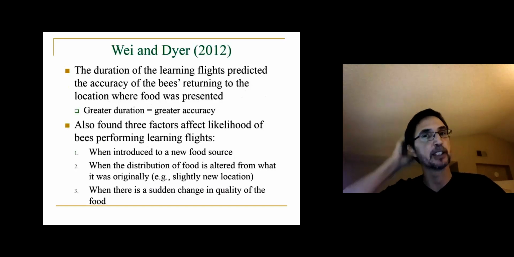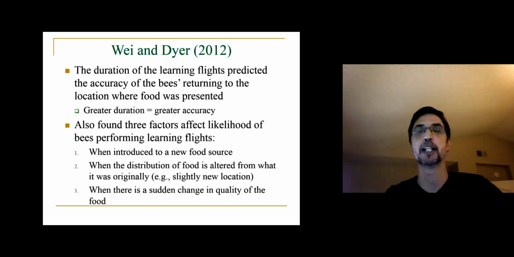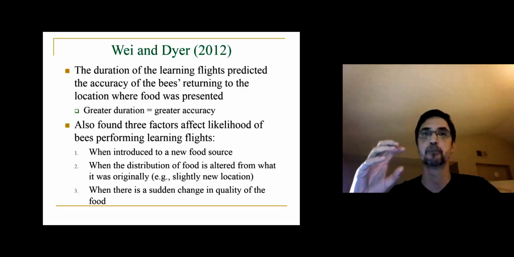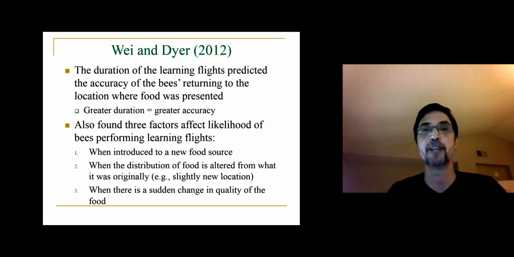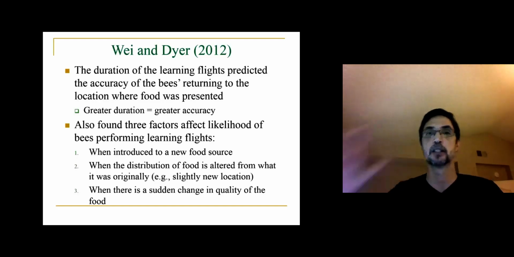So what they found is that the duration of learning flights, right, so how long they perform that turn back and look response, predicted the accuracies of the bees being able to return to the location where the food had been presented. Right? Greater duration means greater accuracy. And interestingly, they also found 3 factors affect the likelihood of the bees performing these learning flights.